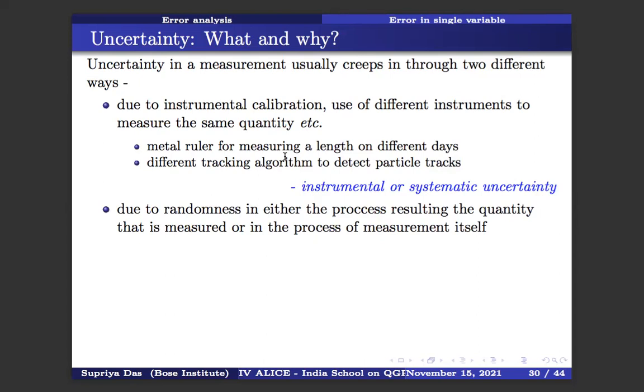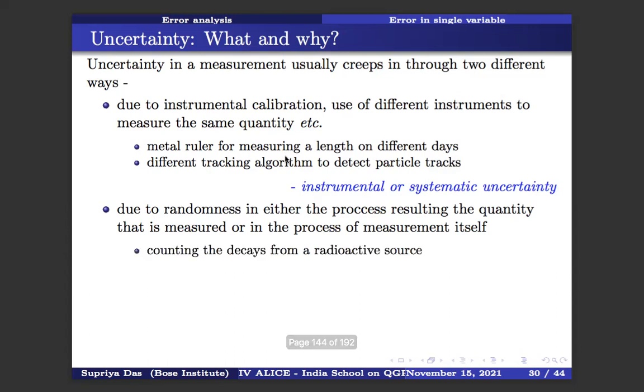So for example, if you measure a length 100 times in Geneva, and these 100 times are not with the same experimenter but with 100 different people, then some of them will measure it a little higher, some of them a little lower. That is the randomness.